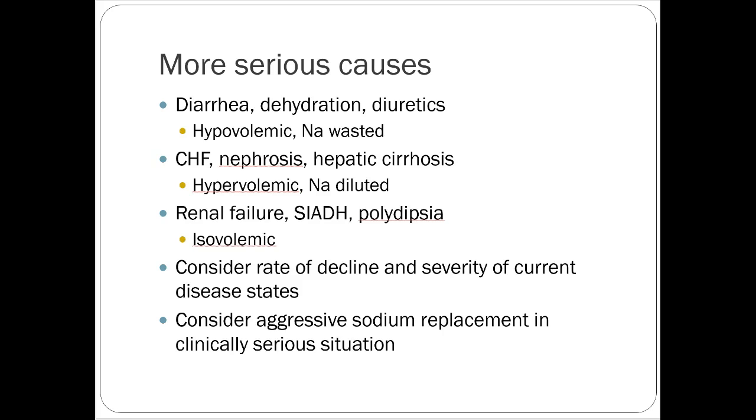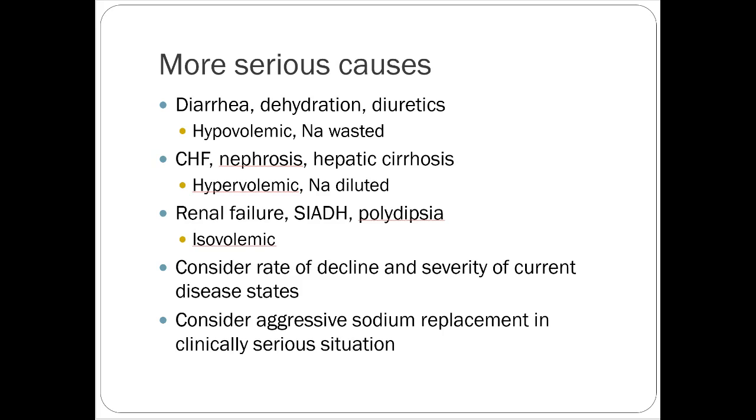More serious causes are going to be things that drop sodium very quickly: diarrhea, dehydration, diuretics. Those are probably the big three to think about. These cause hypovolemia, and at the same time they waste sodium, so they aren't just wasting free water; the sodium's going out with it.